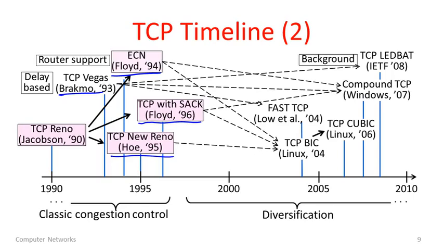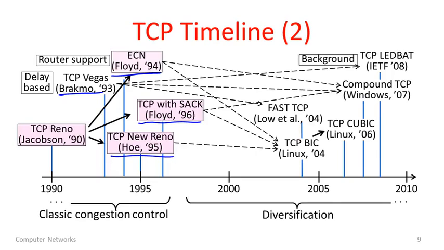These two schemes introduced new capabilities which over time have had a big impact on congestion control. You can see here actually that it's taken quite an amount of time. It's only really in the 2000s that some of the impacts of delay-based and router support schemes have been felt on congestion control.